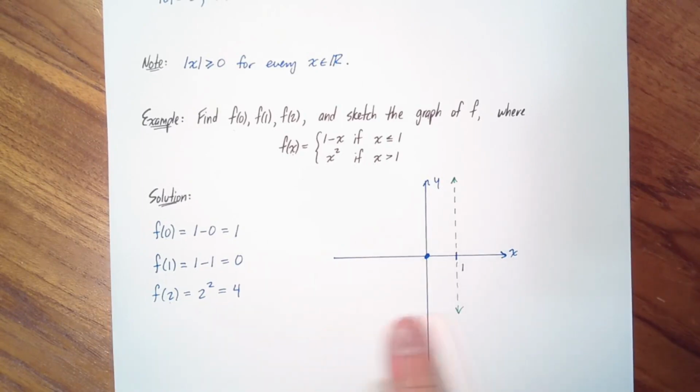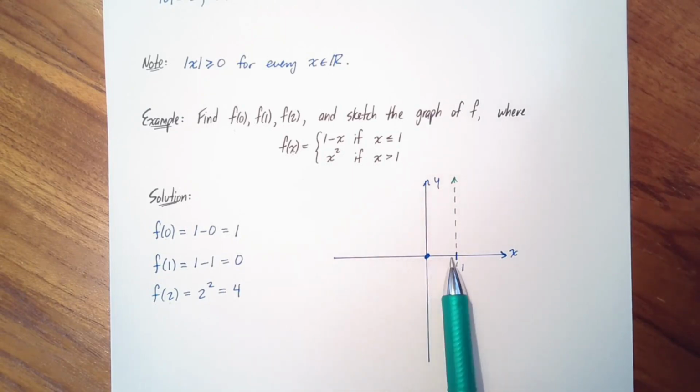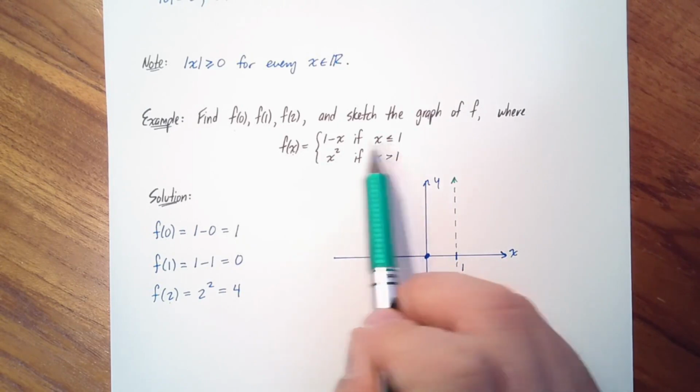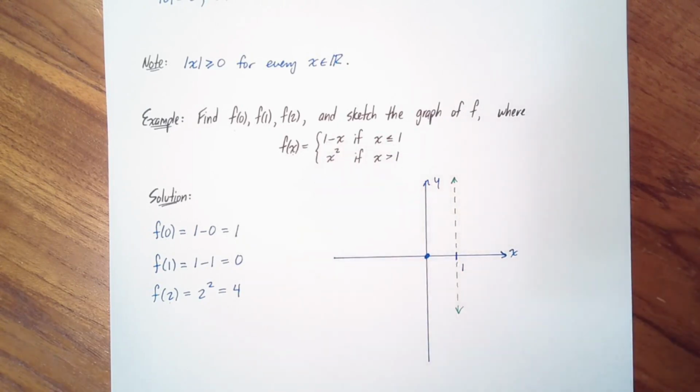So let's start to the left of that line and sketch the graph of the function f on this range, the values of x that are less than or equal to 1. On those values, the function is defined by this rule. Let me write some rough work over here.